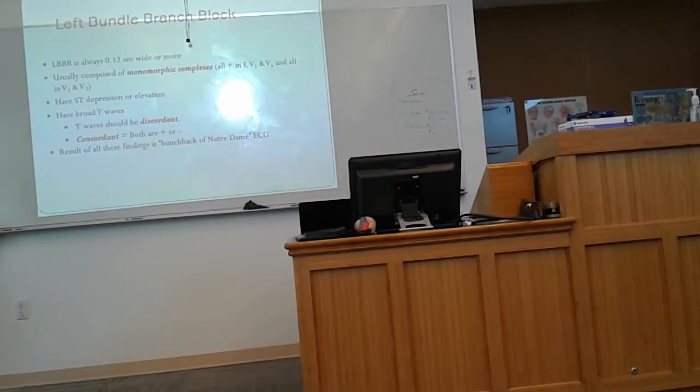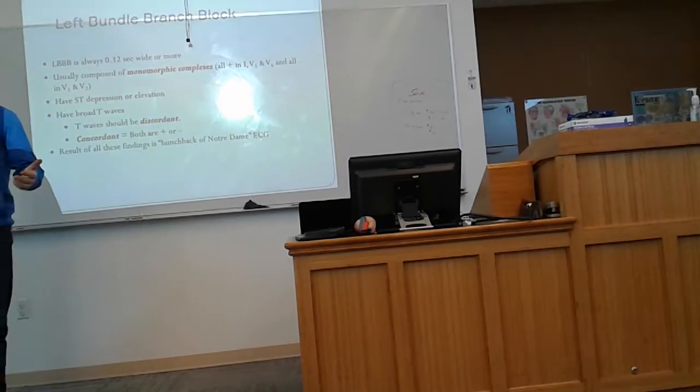Could you tell me what monomorphic means? One direction. One morphology. That's right. One morphology. So morphology in the context of a QRS complex would mean what? It only goes one direction. That's right. So they're either all positive or all negative.